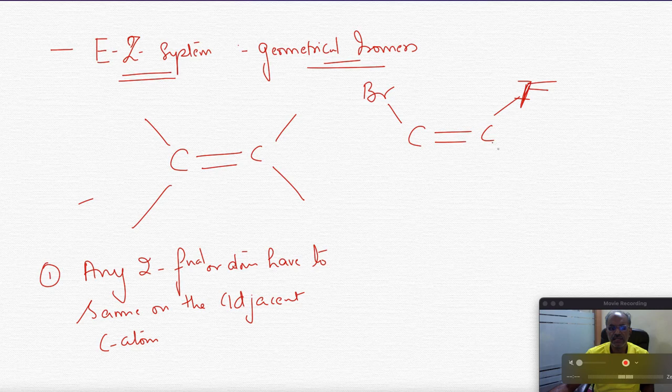Then this I will take as Cl, and this again I. Now, any 2 functional groups, with respect to atomic number, this has to be 1, this has to be 2. Sorry, fluorine. Atomic number of fluorine will be first.